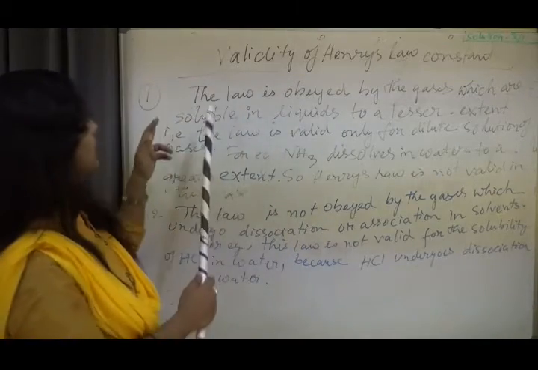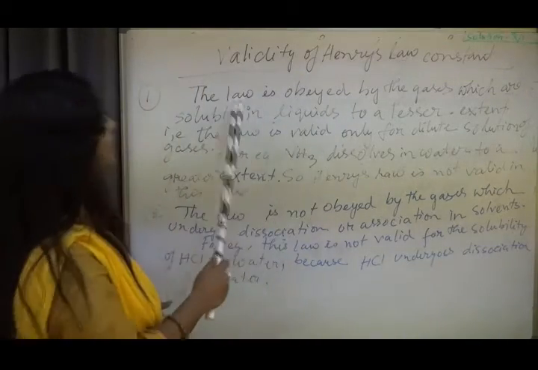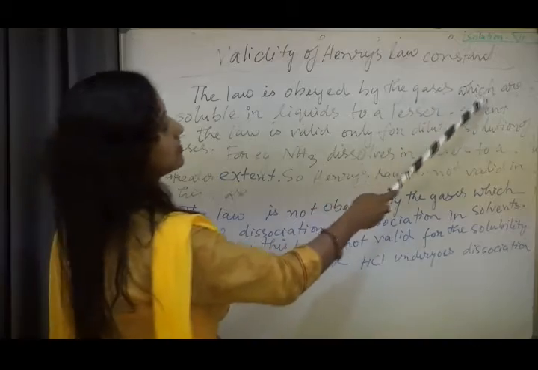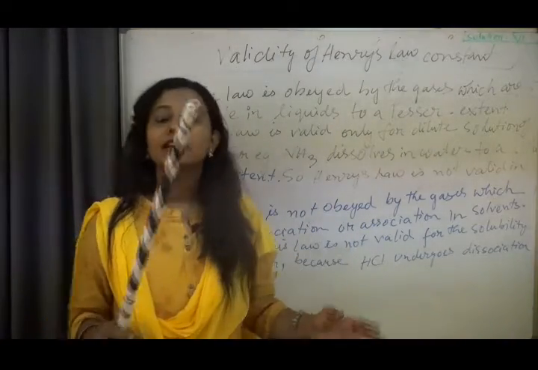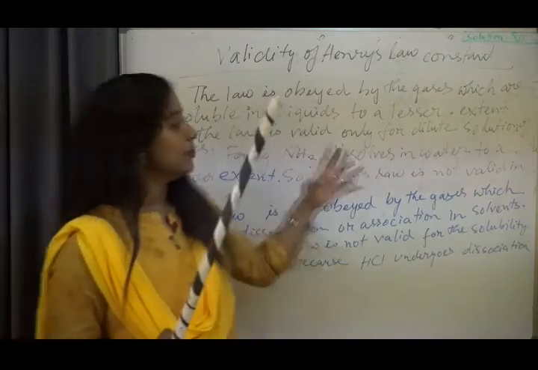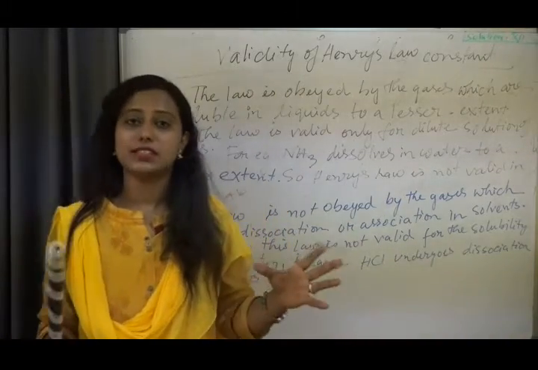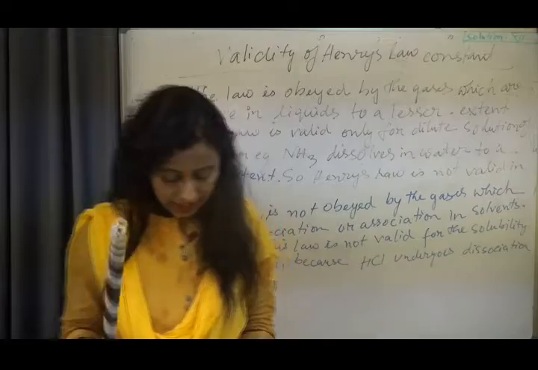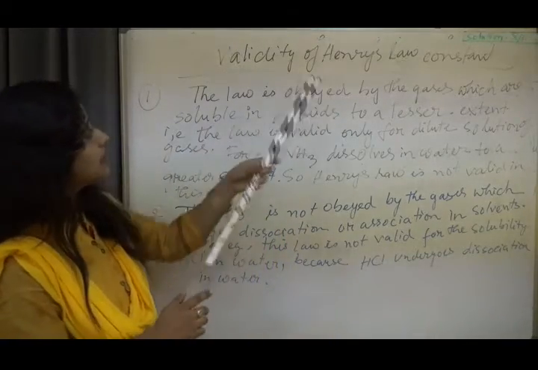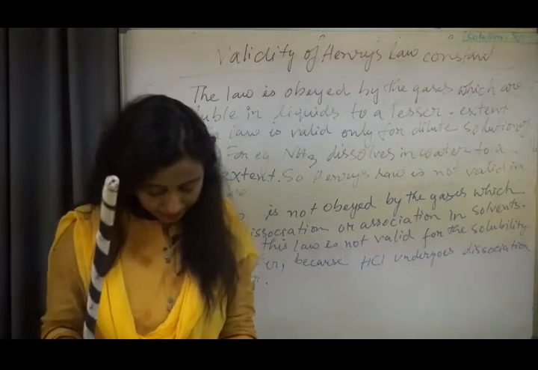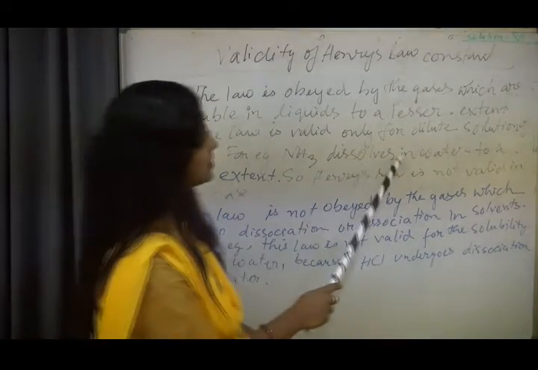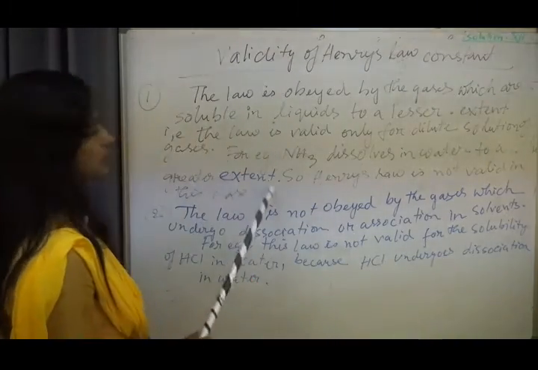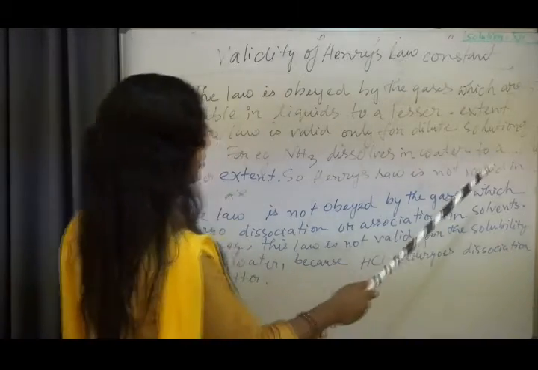So what are the conditions? Number 1, the law is obeyed by the gases which are soluble in liquids to a lesser extent. For those gases which are soluble in the liquid to a lesser extent, Henry's law is applicable. For example, NH3 dissolves in water to a greater extent, so Henry's law is not valid in this case.